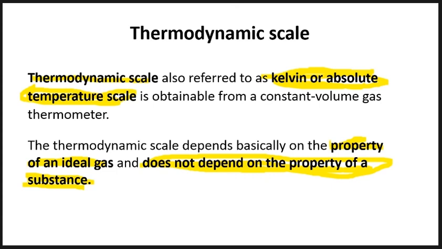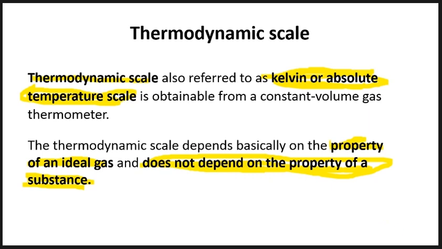In fact, let me say it emphatically that the thermodynamic scale distinguishes itself from every other temperature scale based on this unique feature, since it doesn't depend on the property of any substance, but other scales depend on the property of a substance. So with what I've just said, we can graphically explain this.